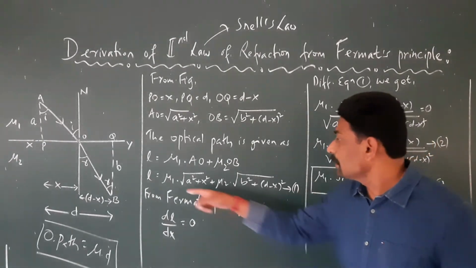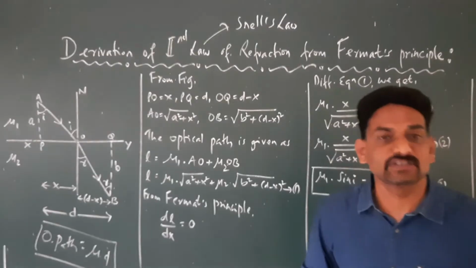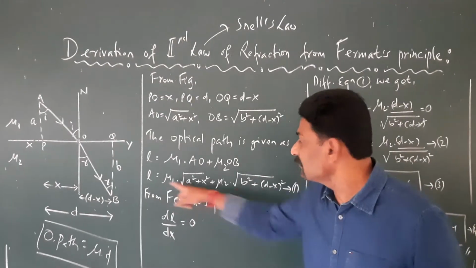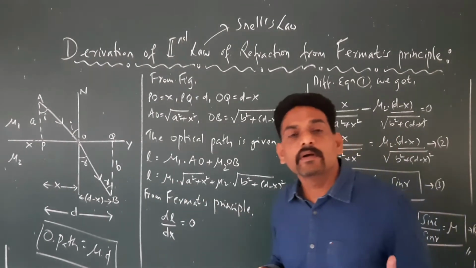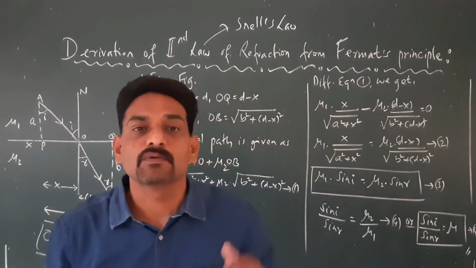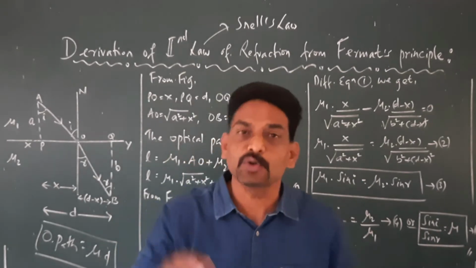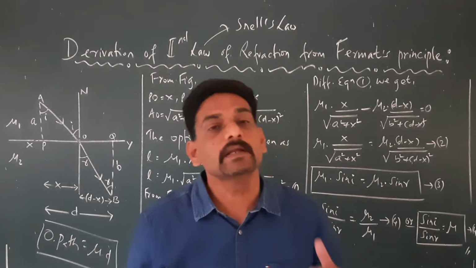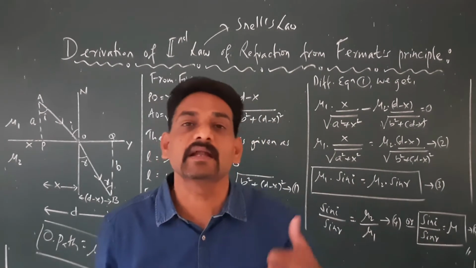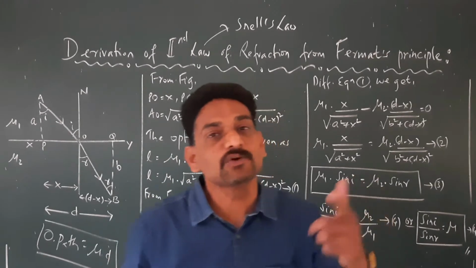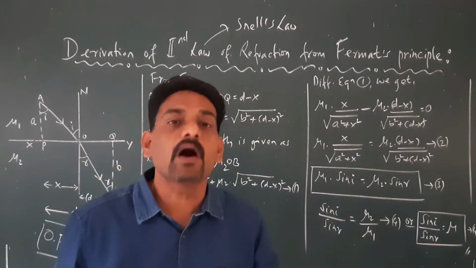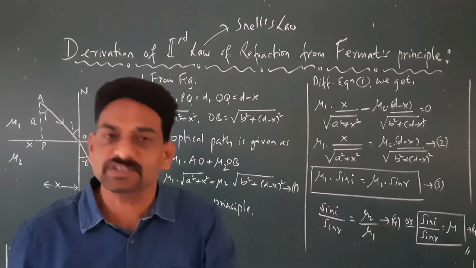Right? Now we are going to differentiate this equation. You know, as per Fermat's principle, whenever a ray of light travels from one point to the other point, the time taken by that ray of light is always going to be either minimum or maximum or stationary.